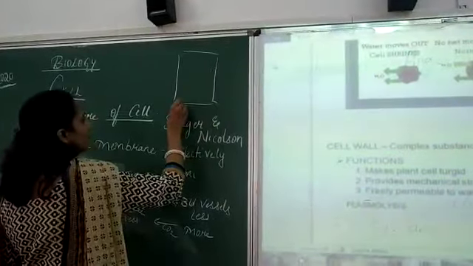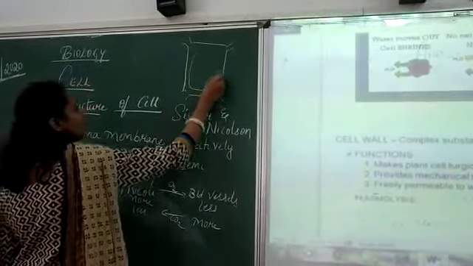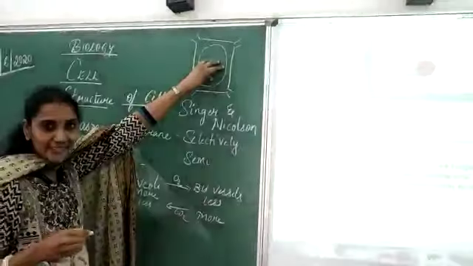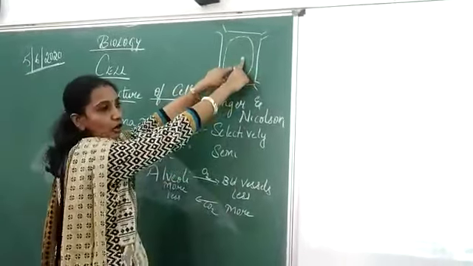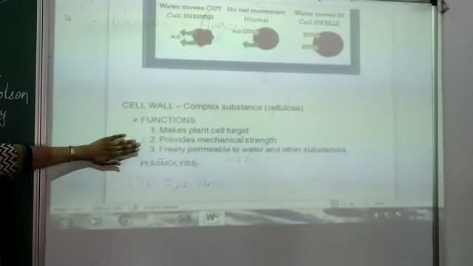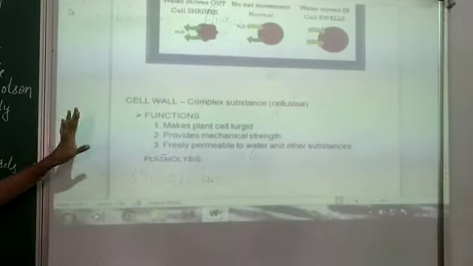It is a rough diagram, children, please. So here we have the protoplasm. This protoplasm will shrink completely. This shrinkage of the protoplasm away from the cell wall is nothing but plasmolysis. So this is very important. When does that happen? When the cell is placed in a hypertonic solution.